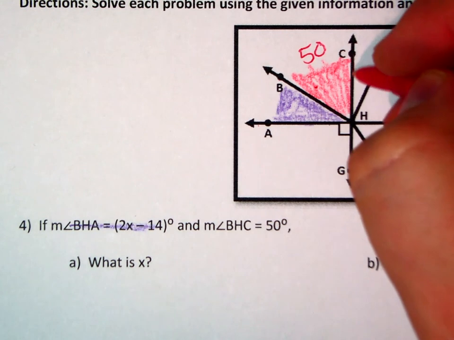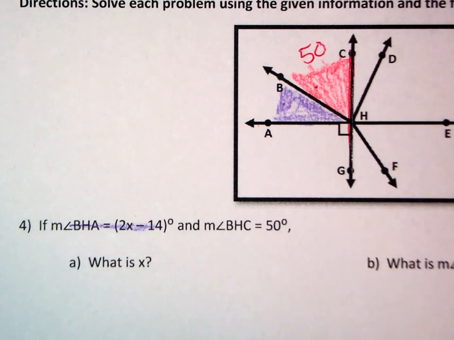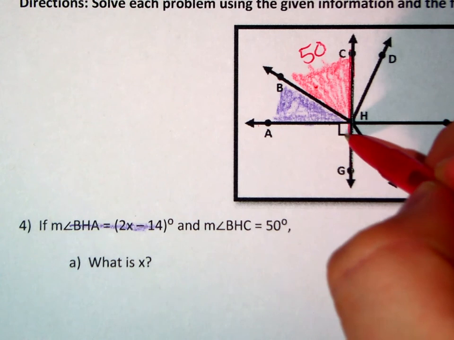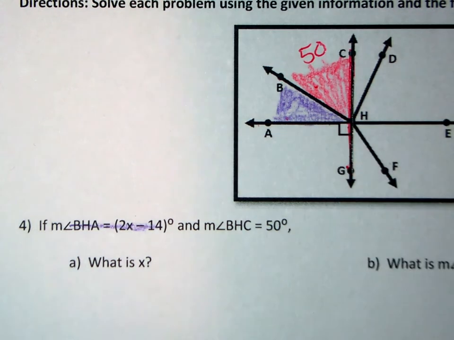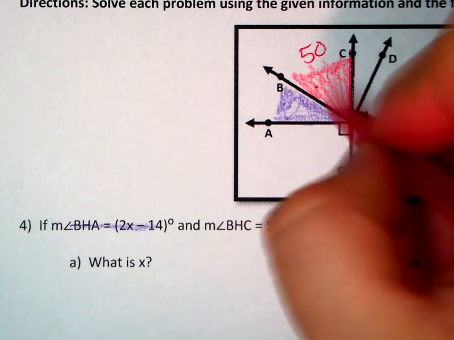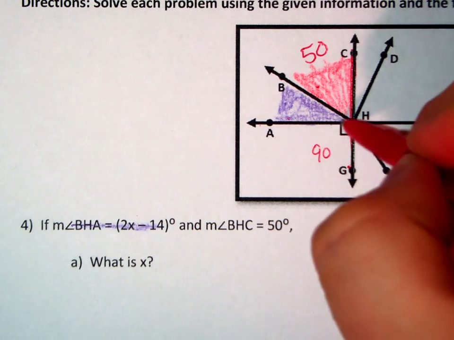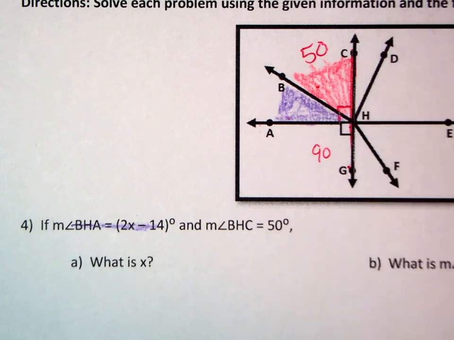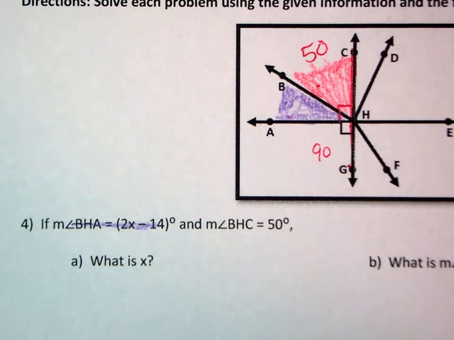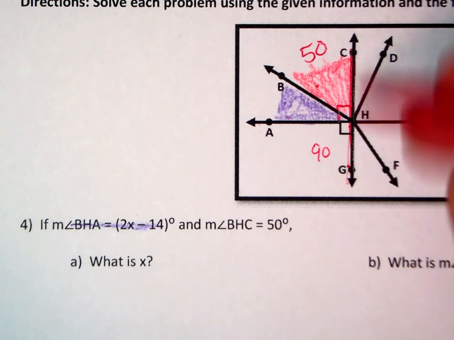Well, I can clearly see that I have line CG. That's a straight line. And I have a right angle down here in AHG. And so if I have a right angle in AHG, that means that's 90 degrees. And that would also mean that this angle up here, AHC, would have to be 90 degrees because 90 plus 90 is 180, and a straight line has to have 180 degrees.